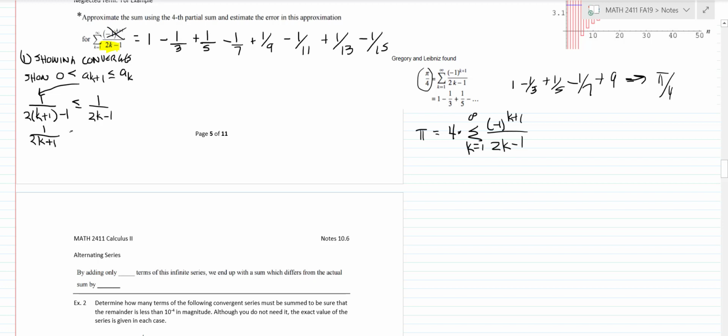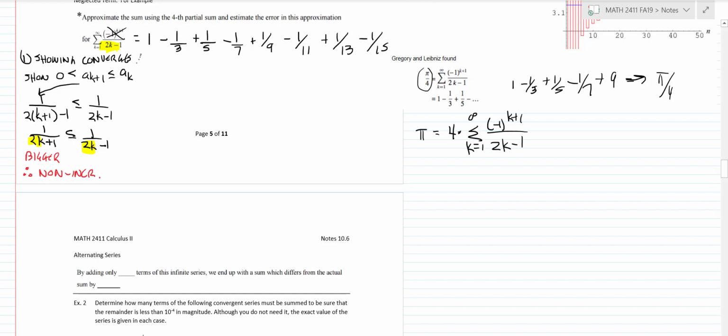Just a little basic algebra, less than or equal to 1 over 2k minus 1. Well, this is a bigger denominator than this is. The two things right here are equal, this is adding 1, so that's good enough. That's a bigger denominator, therefore we have non-increasing terms.